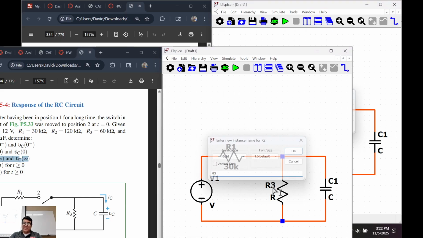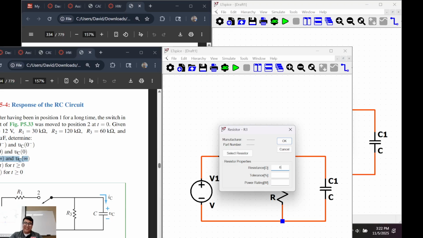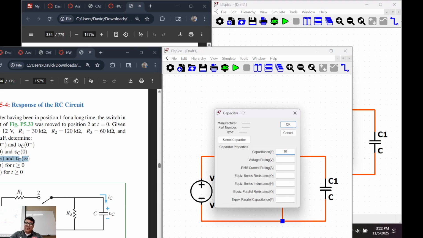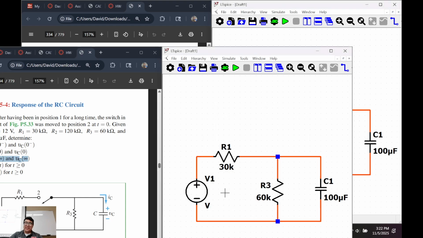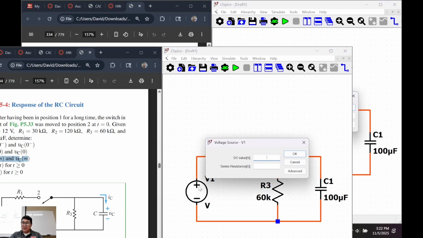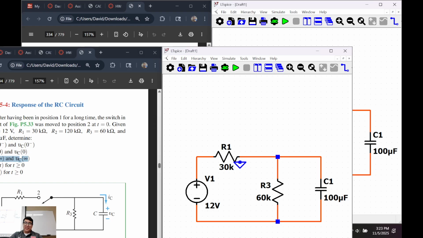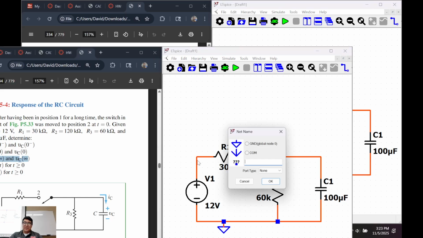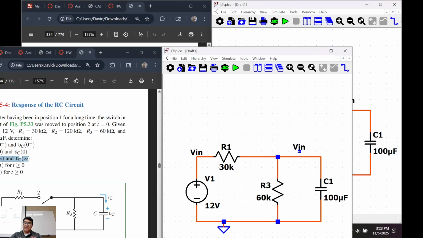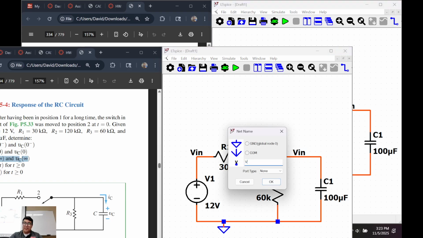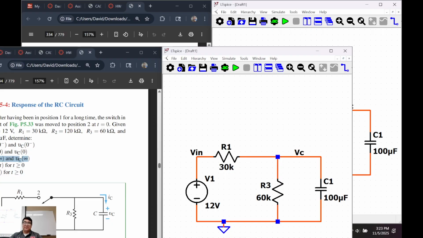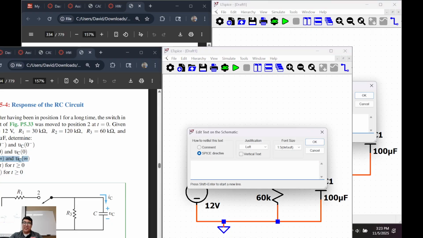Does it bother anyone if I just rename it R3? 60K? 100 micro? Is that good? And this right here is our 12 volts. Is that good? Don't forget our happy little ground. VN, right? And I'm going to call this VC. Is that good? Now I'm going to create an initial condition.